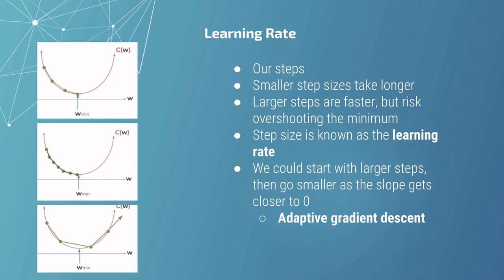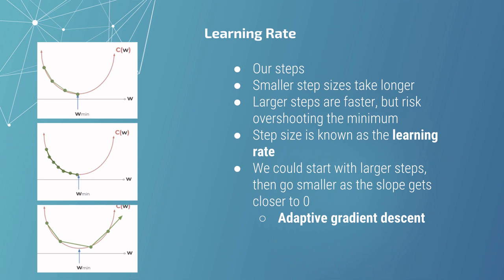Larger steps are faster, but they risk overshooting the minimum. If you see the bottom left picture, that shows large steps, which are really huge. They drastically jump between slopes, and as you can see, it drastically overshot and started increasing the slope instead of getting it to 0.